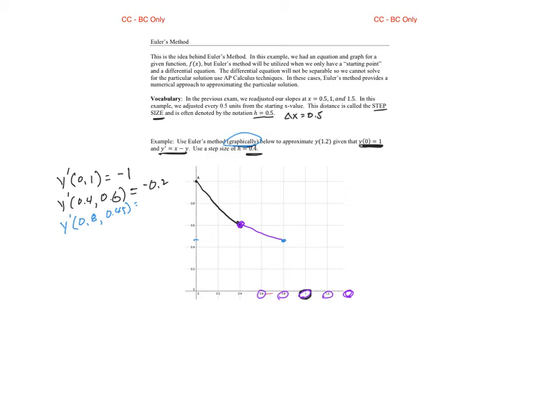Going back to our slope equation, I've got 0.45, so I've got to make sure that I subtract. I'm going to get my negative 0.35 as my slope.